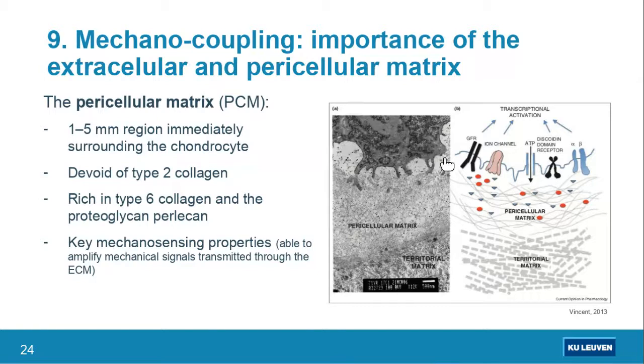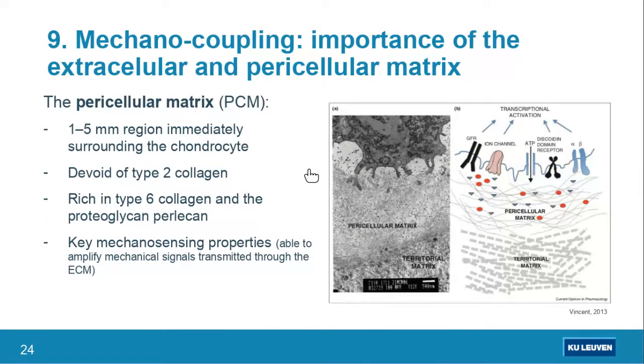So this part of the matrix is a bit different because instead of having collagen type 2, it is very rich in collagen type 6. And instead of having aggrecan, it's very rich in another proteoglycan, which is the perlecan. So this pericellular matrix has key mechanosensing properties, and it's known to be able to amplify the mechanical signals that are transmitted through the extracellular matrix to the chondrocytes.